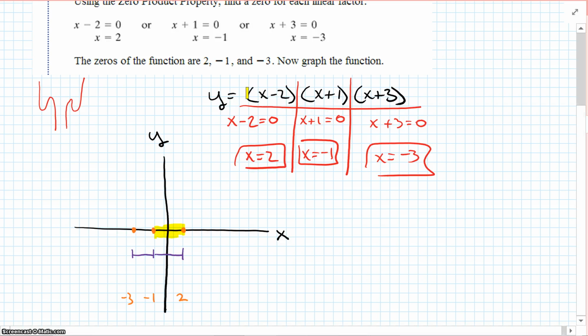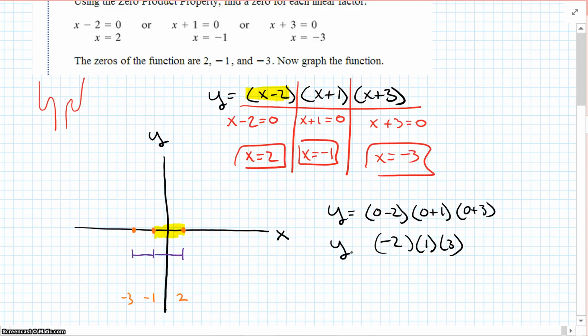So let's plug 0 back into the original equation and solve. y equals 0 minus 2 times 0 plus 1 times 0 plus 3, which would be negative 2 times 1 times 3. So when x equals 0, we'll solve for y. y is going to equal negative 6.